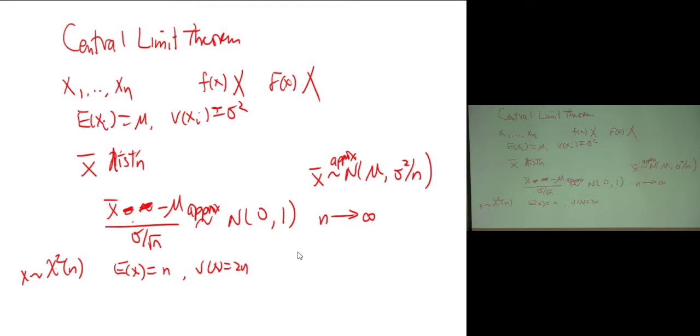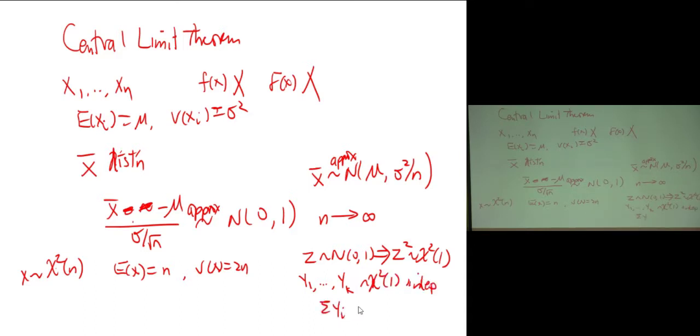In fact, if z is standard normal, then z square will be chi-square with 1 degree of freedom. And chi-square also has a property like this: if you have y1 up to yk, each following chi-square 1 independently, then the sum of the yi's will follow chi-square with k degrees of freedom. So these are some properties of chi-square.